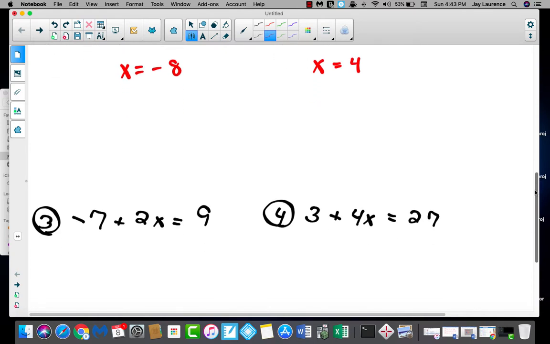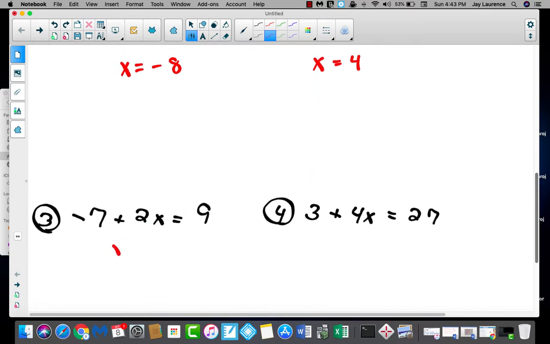Number 3, x is going to equal 1. And then number 4, x, I believe, is going to equal 6. Remember, one of those answers is wrong. Hopefully you match 3 of my answers perfectly. See if you can figure out which one is incorrect, and what it should be.